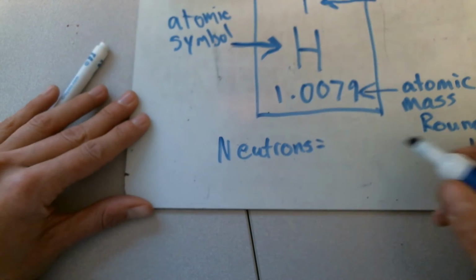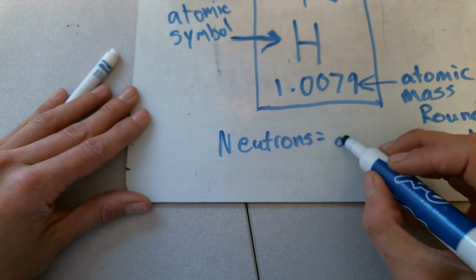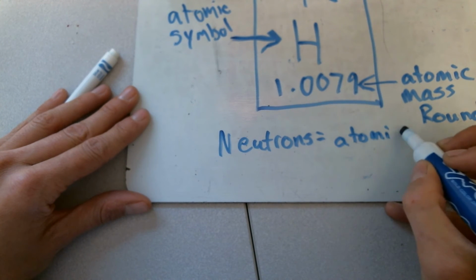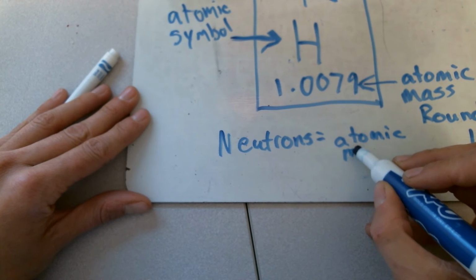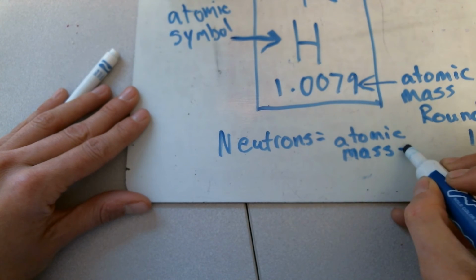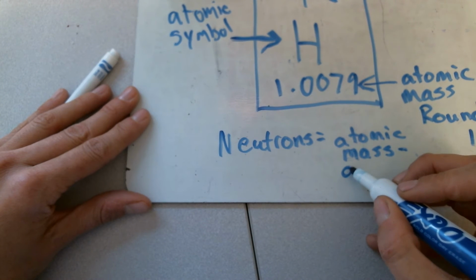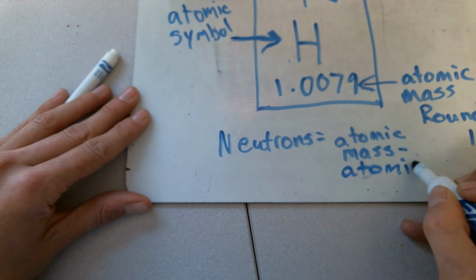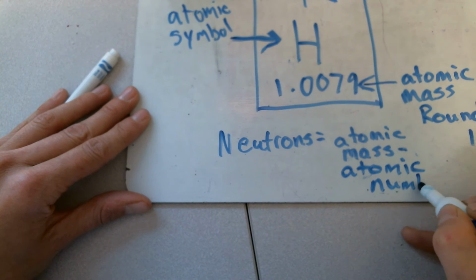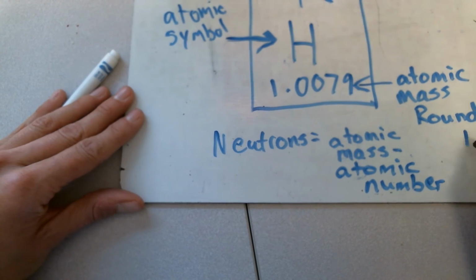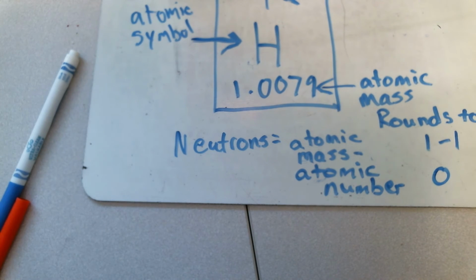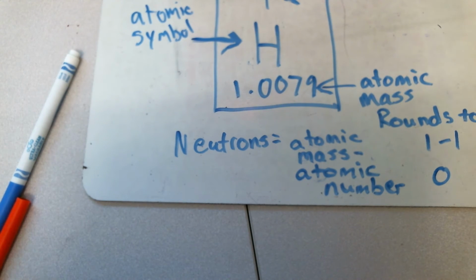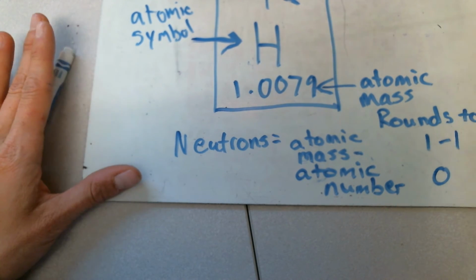So you subtract the atomic number, or I'm sorry, the atomic mass minus the atomic number. And you'll get your number of neutrons. So here, 1 minus 1 gives us 0. So in this atom of hydrogen, there are 0 neutrons.